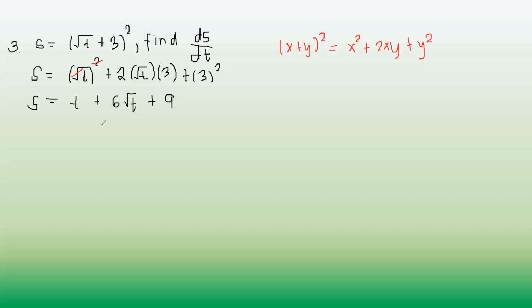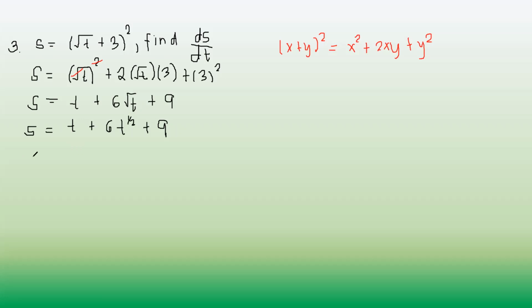Again, para ma-differentiate natin yung ating power x or power of t raised to n, kailangan natin ayusin yan. Since meron tayong radical, gawin natin siyang fractional exponent. 6t, so nasa loob ay 1, sa labas ay 2 or square root kasi yan, kaya 2. Kaya meron tayong raised to 1/2 plus 9.